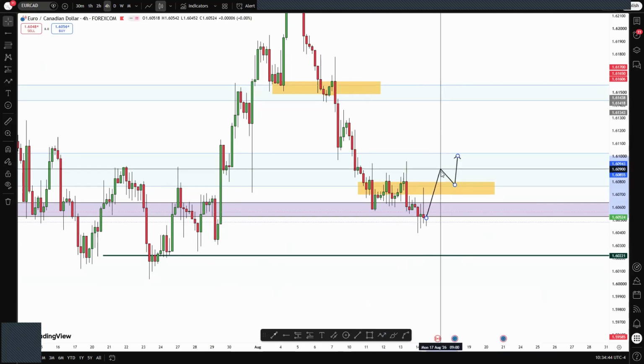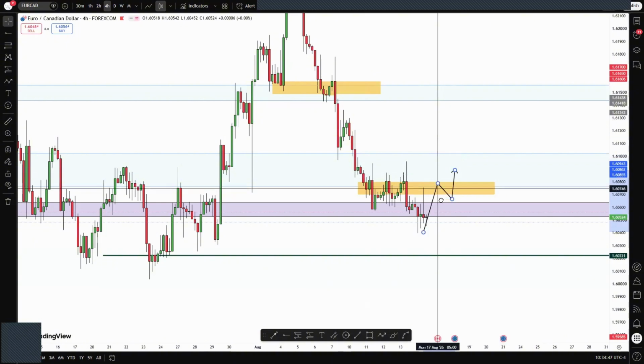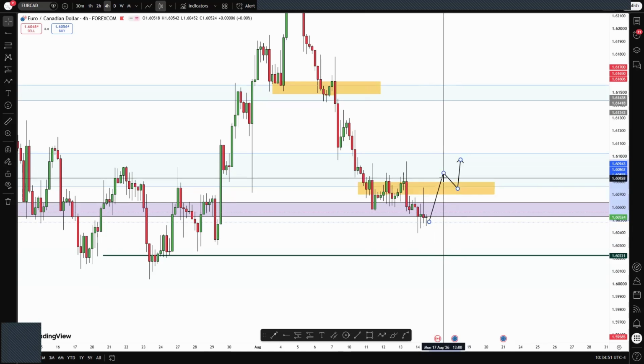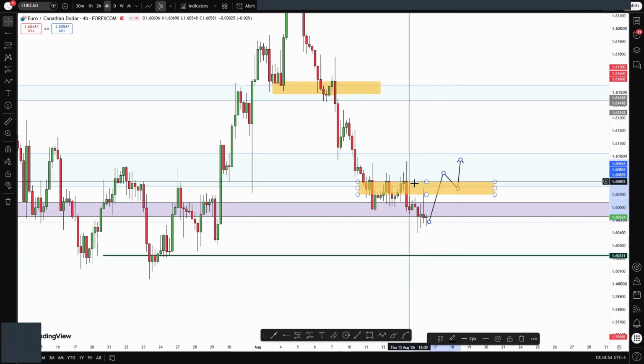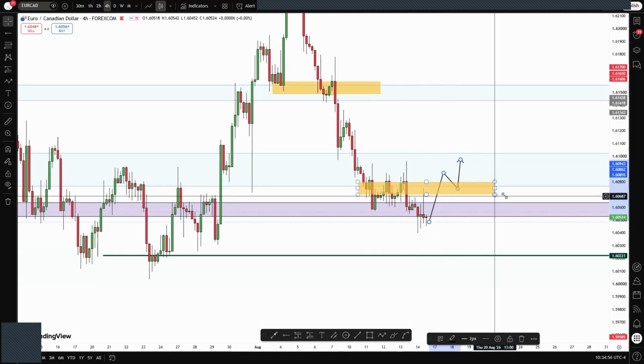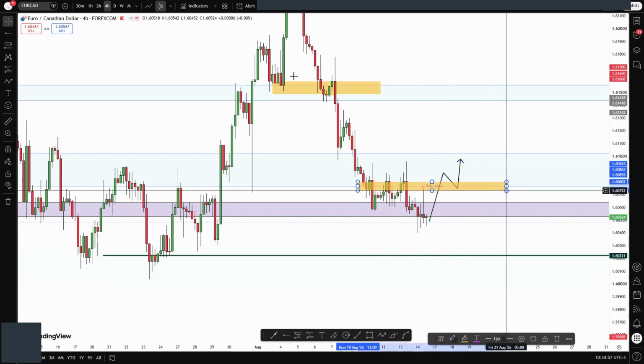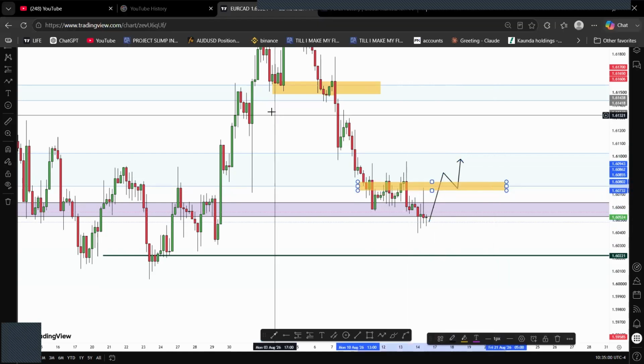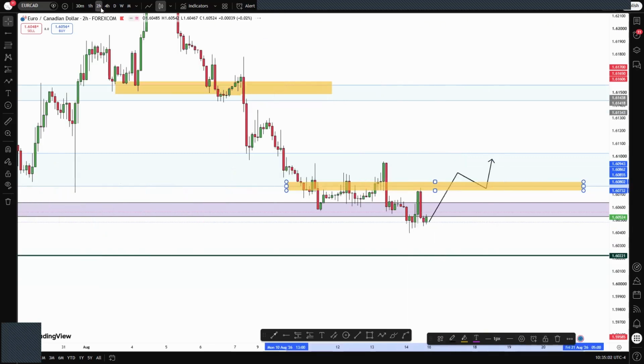That makes more sense than buying here. Just breaking above this level gives me more confidence.